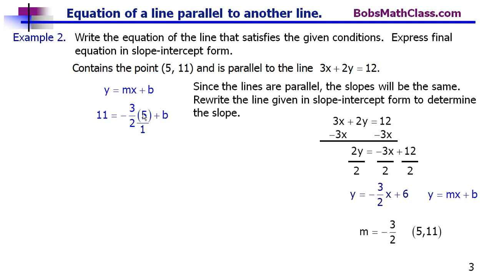So you can multiply the two top numbers, that'll be negative 15 over 2. And then if you have an equation with fractions, you want to clear the fractions. So multiply all three terms by the LCD, which is 2. And the reason we do that is so that these 2's will reduce out.